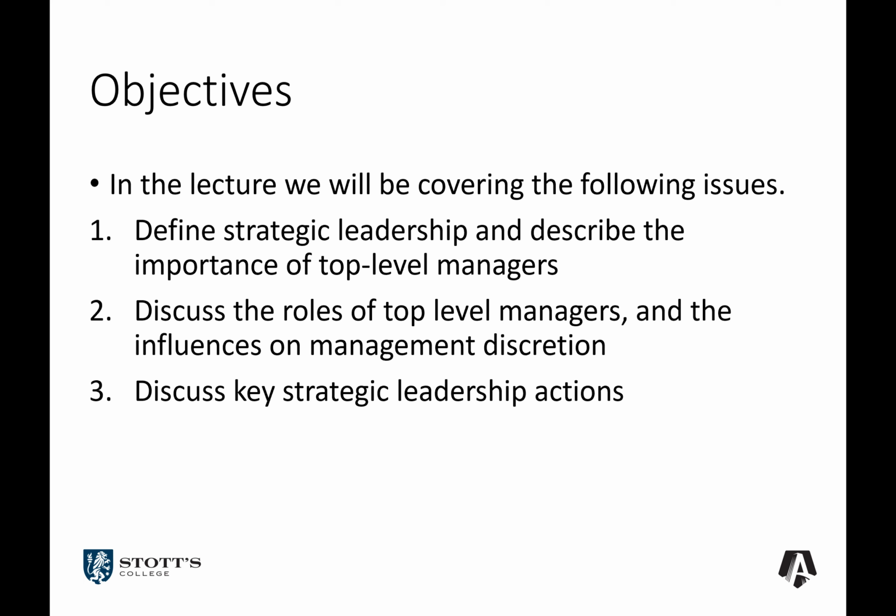We're going to discuss the roles of top-level managers and what influences management discretion. Management discretion is the ability to make decisions and the likelihood those decisions are made. And we're going to discuss strategic leadership actions. So there are three components to this lecture. Any of those three components would make a good examination question.